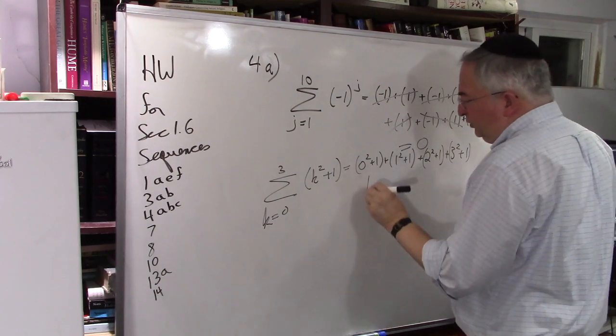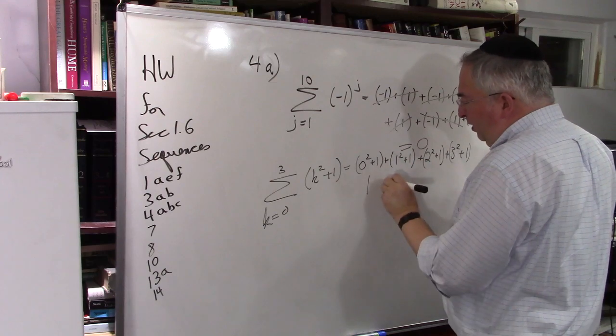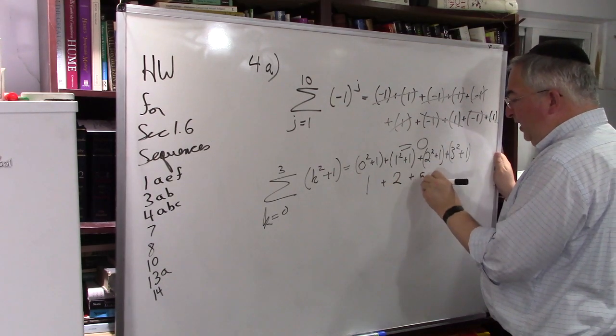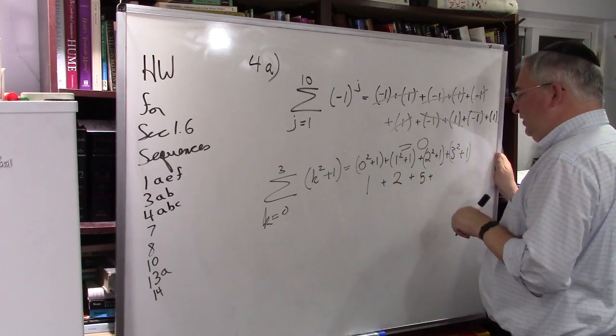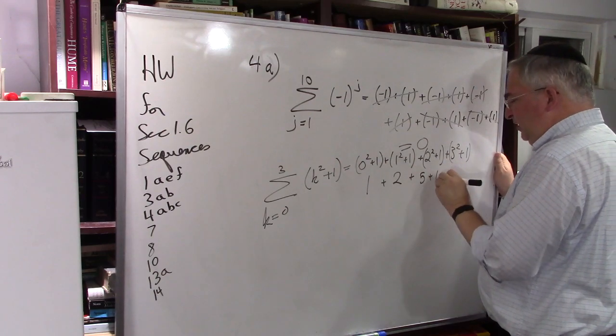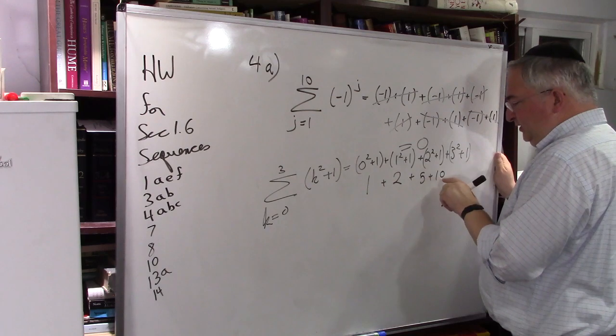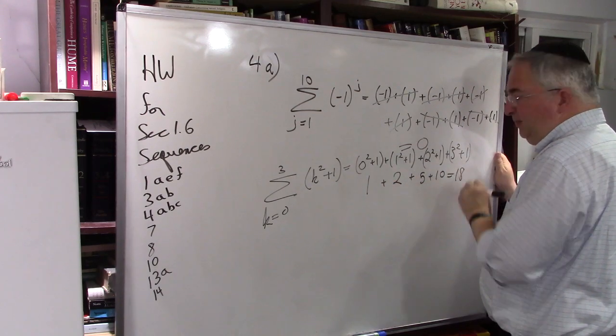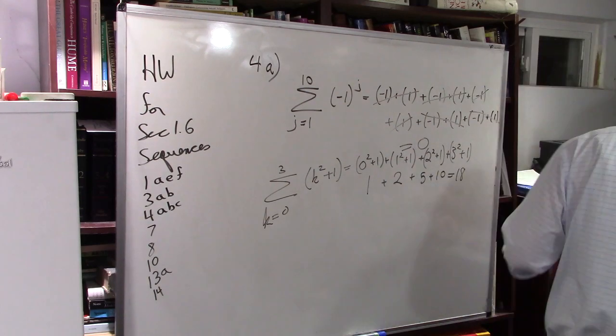Okay, this is equal to 1, 1 squared is 1 plus 2 plus 5 plus 10. So this is 10 plus 5 is 15, 17, 18. So this is 18. So I must have stolen this problem from the book.